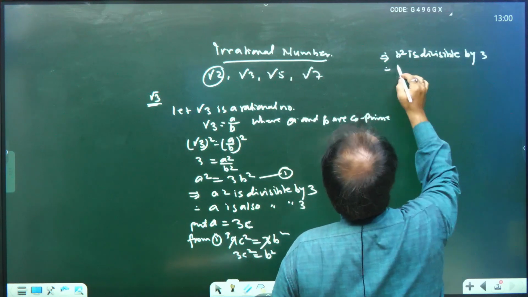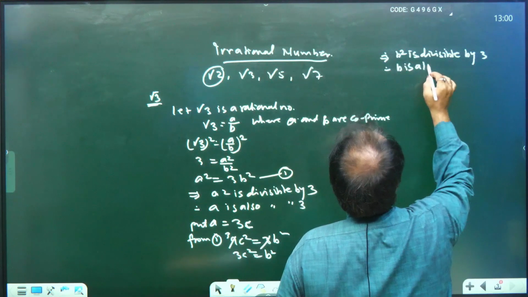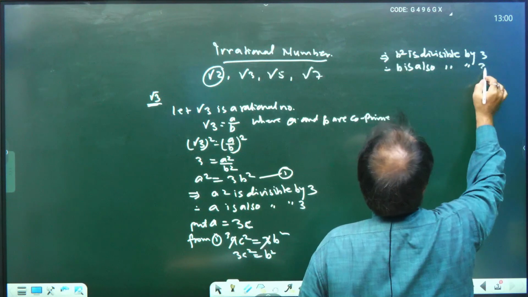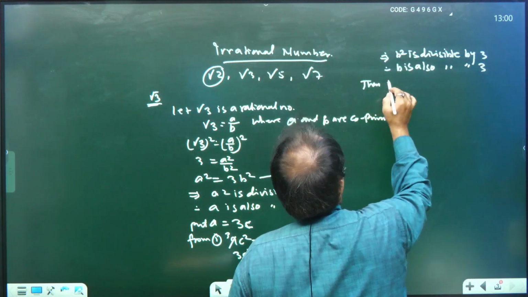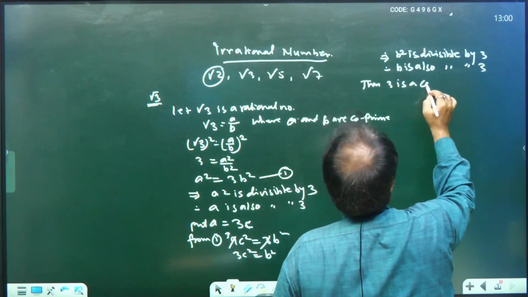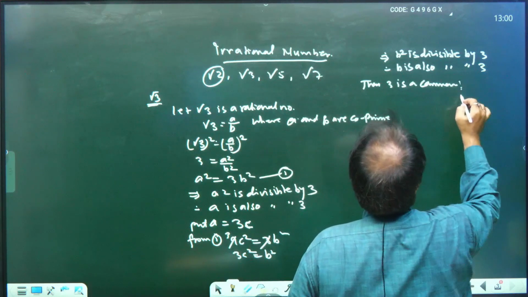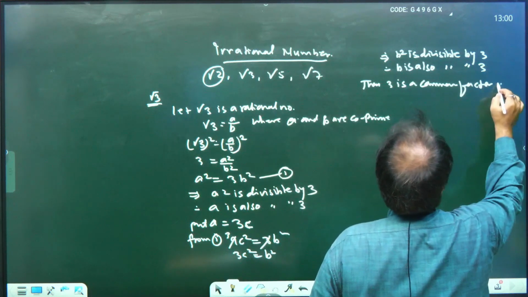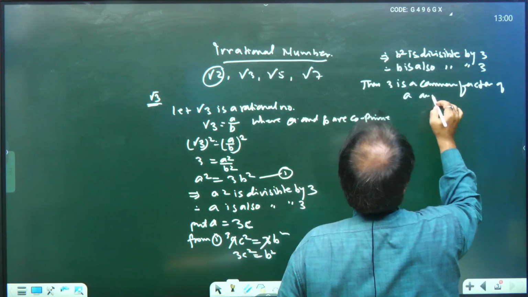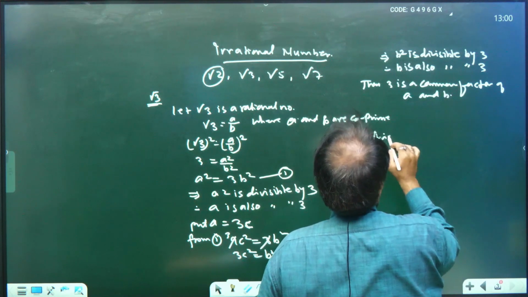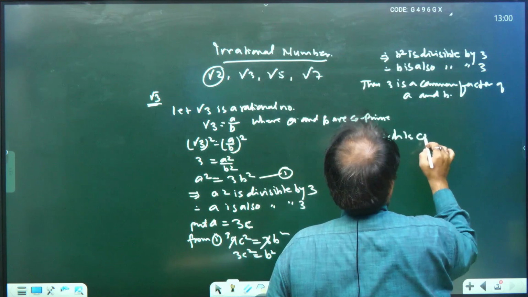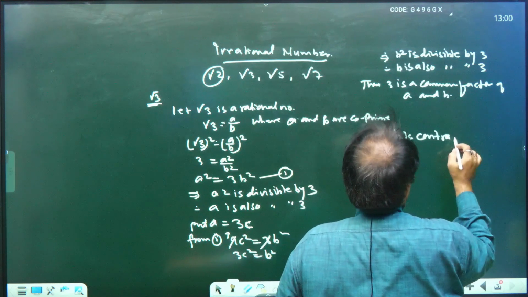So therefore b is also divisible by 3. So thus 3 is a common factor of a and b, which is contradictory.